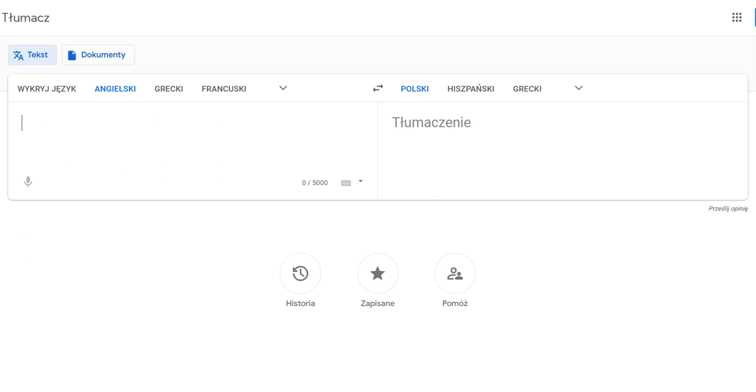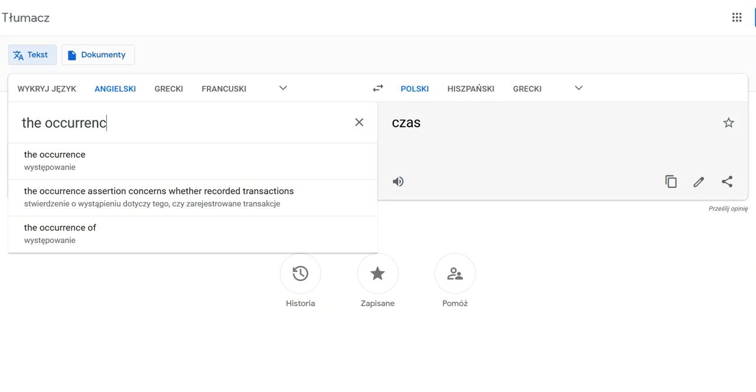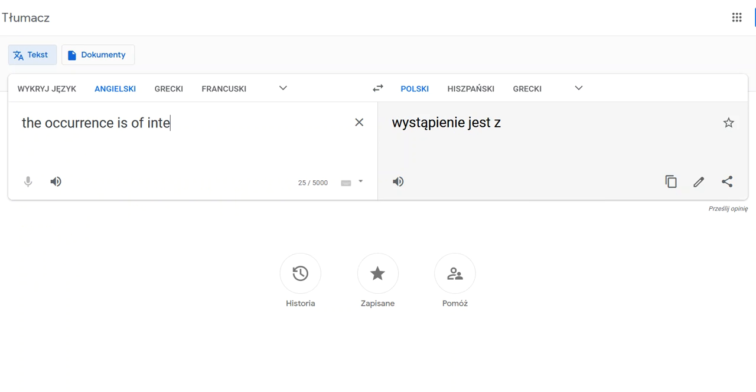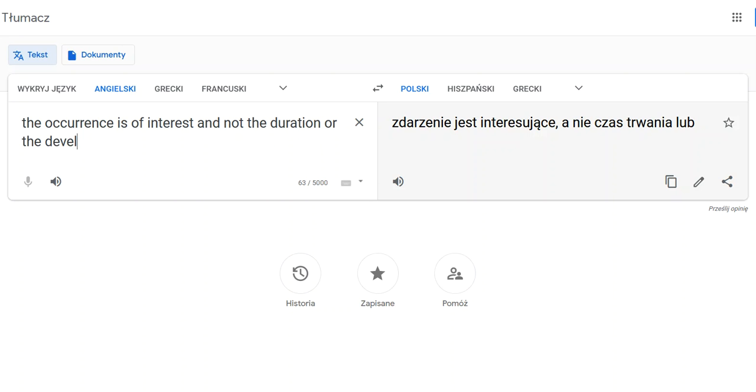Now, sometimes we can say that the occurrence is of interest and not the duration, or the development of, or the unfolding of an action or situation.